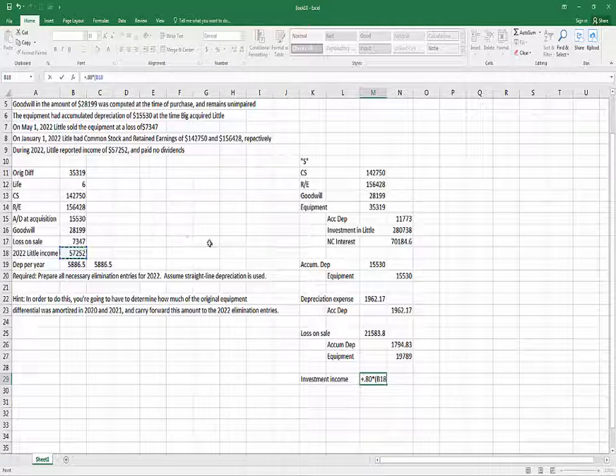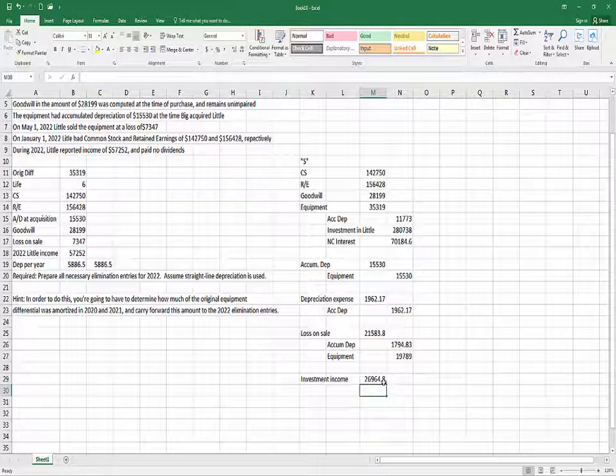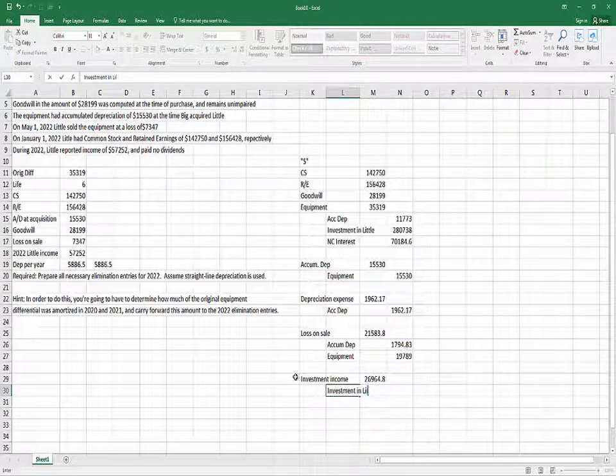So we start with the reported earnings, and we look at the elimination entries and say, okay, we lowered income because we increased depreciation expense, so we subtract 1,962. Then we lowered income even further because we added this loss on sale. So 80% of the adjusted earnings is 26,964, and that's going to be the investment income that we're eliminating.